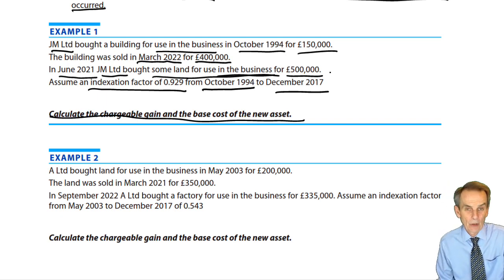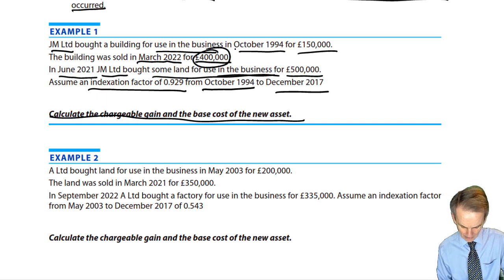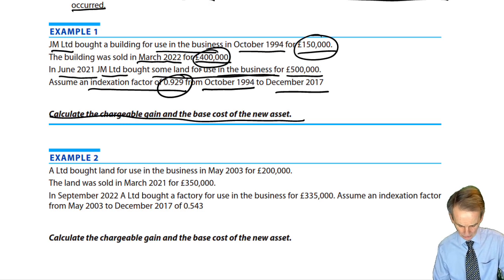So, first of all, there's a simple capital gains calculation for you to perform. We have sold this building for £400,000. It was bought for £150,000, and we have an indexation factor to apply to our allowable cost as 0.929. That will compute the chargeable gain.